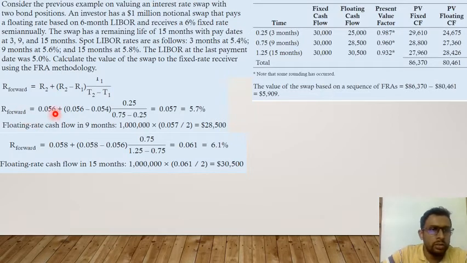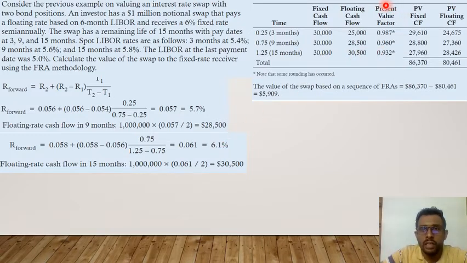So R forward is equal to 0.056, which is the 9 months rate, plus (0.056 minus 0.054) into 0.25, which is 3 months divided by 12, over (0.75 minus 0.25), that is 9 months minus 3 months, which gives 5.7 percent. So 5.7 percent of 1 million divided by 2 is 28,500, and similarly we calculate for the 15 months, which comes around 6.1 percent, and our cash flow will be 30,500 based on 6.1 percent.